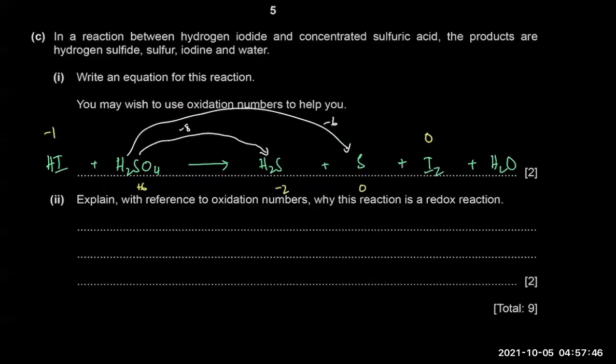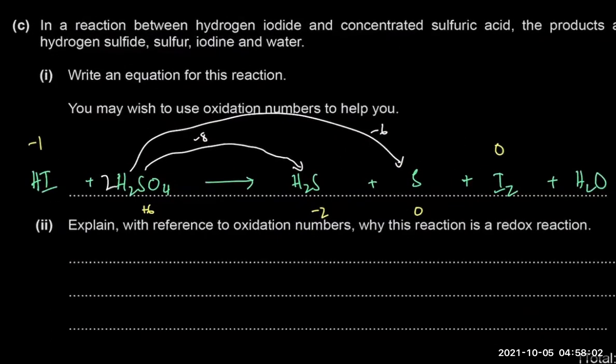So the total decrease for sulfur is -14. You can think of it that way. So 2 sulfur atoms overall are decreasing by -14.